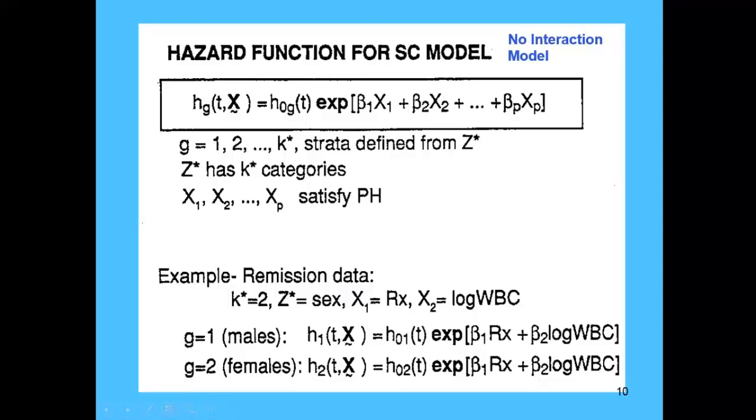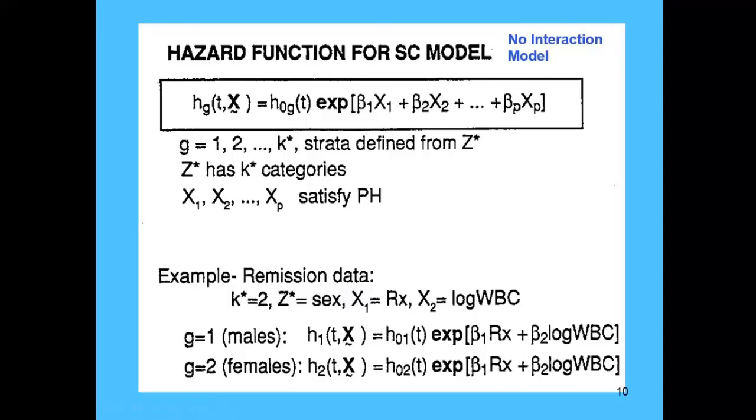So what if I said to you, for the males, looking at this formula for the hazard function just for males, what would you say is the expression for the hazard ratio for the effect of treatment, controlling for log white blood cell count, for males? What's the formula for the hazard ratio for the effect of treatment? It's e to the what? Beta 1, right?